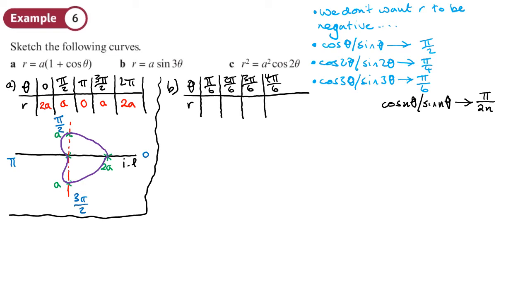Now remember, if we get anything that's negative for r, we ignore. Okay, so I'm going to do sine of 3 times pi over 6, which is 1 times a, it's going to be a.